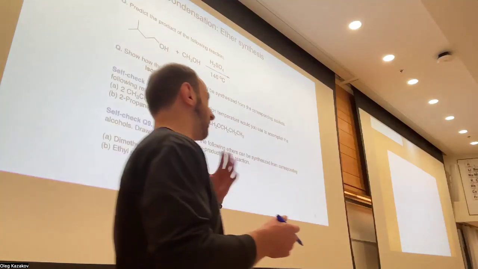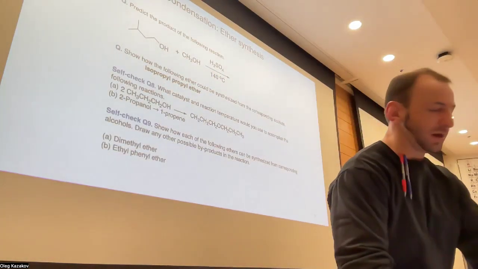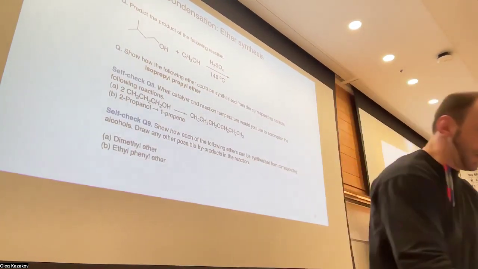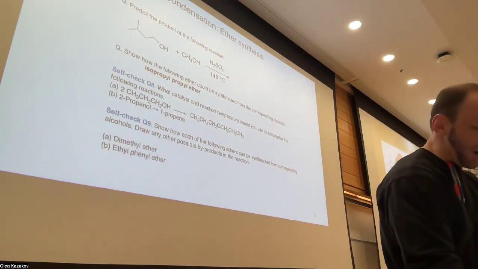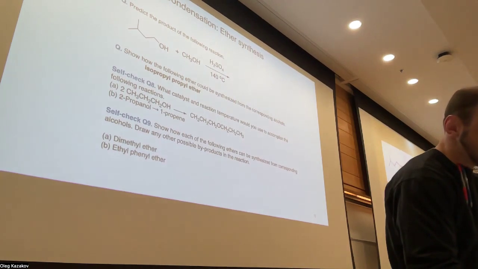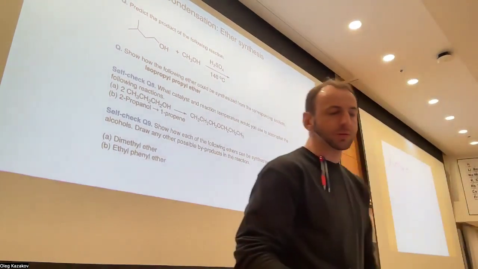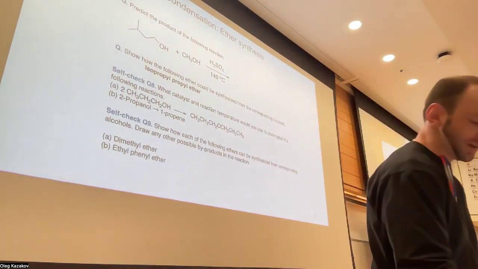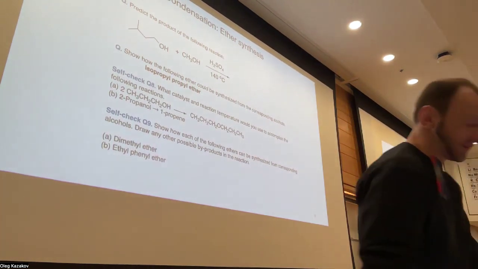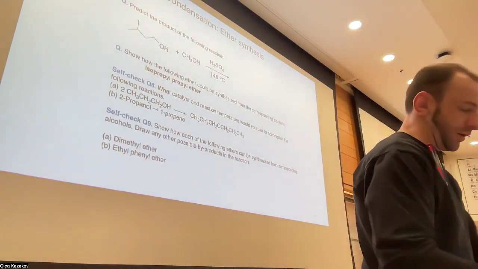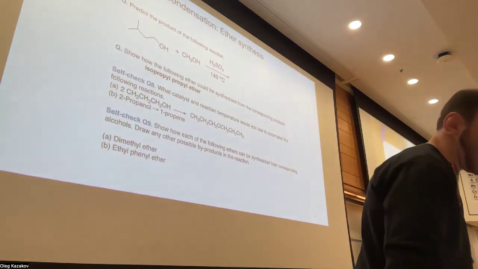We need to remove the water molecule anyway. So here we go, that's our alcohol number 1, looking like this. And now alcohol number 2 will be much simpler. It is just CH3OH.